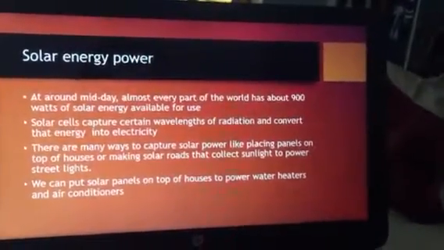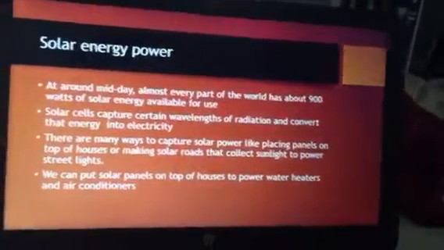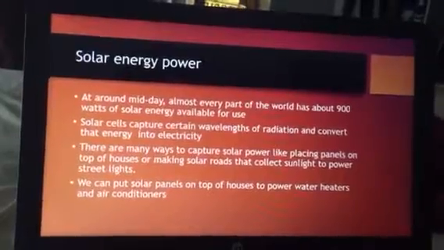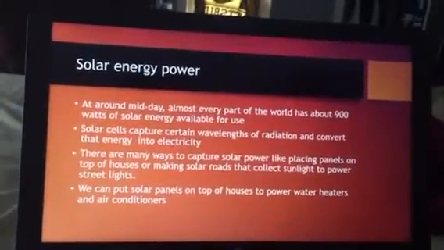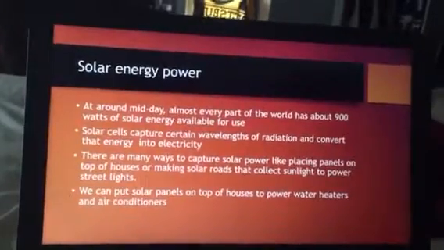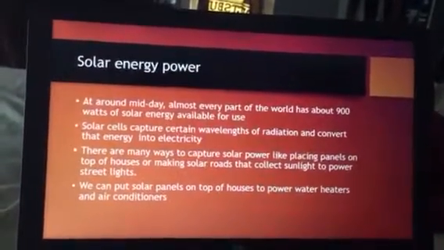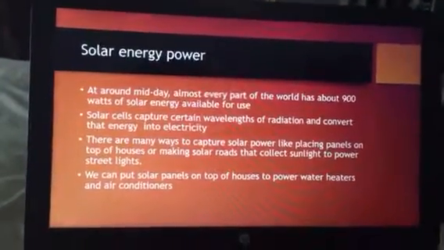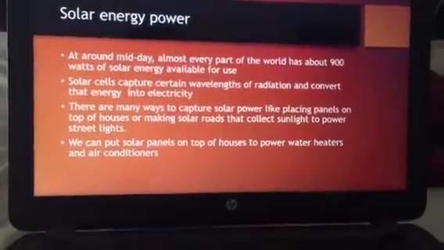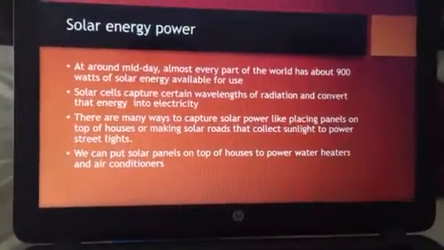We can use solar energy to power certain parts of our home or simple electric powered machinery like air conditioners and water heaters. We can put these solar panels on top of our houses or even make roads and sidewalks that collect the solar energy and power the street lights.